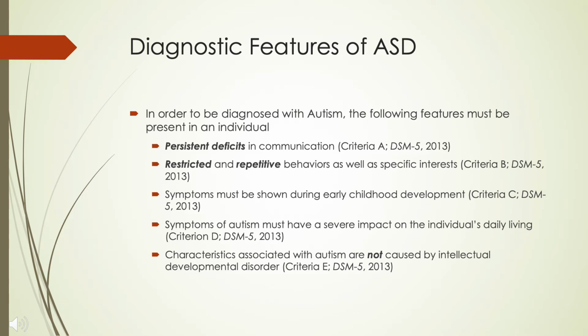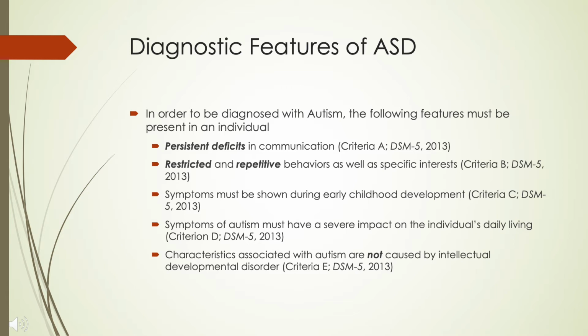Also, in order for an individual to be diagnosed with autism, he or she must display symptoms of autism during early childhood development process. These symptoms can include poor eye contact and other communication delays starting in infancy.